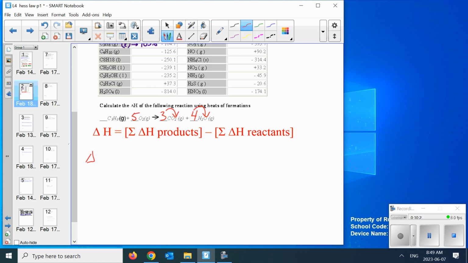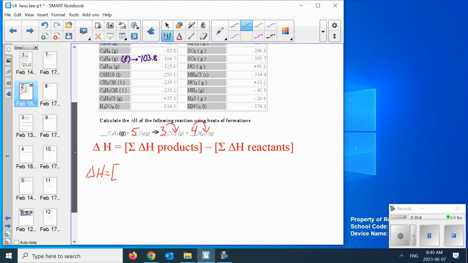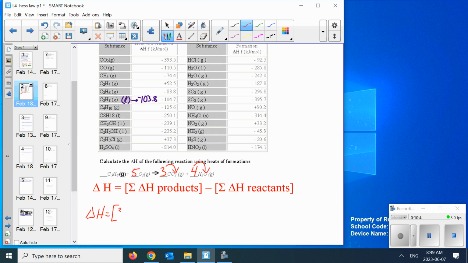It gets pretty big, so I'm going to do the products first. So the products are CO2 gas. Look it up. We've got 3 of them. I'm going to put the 3 down right now. 3 times the energy for CO2.